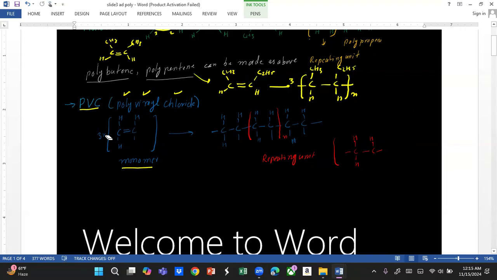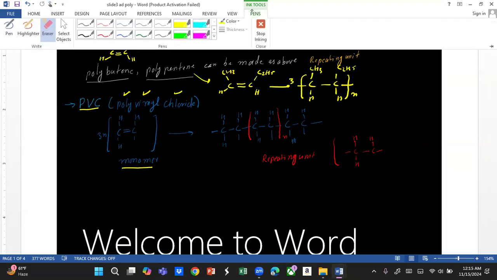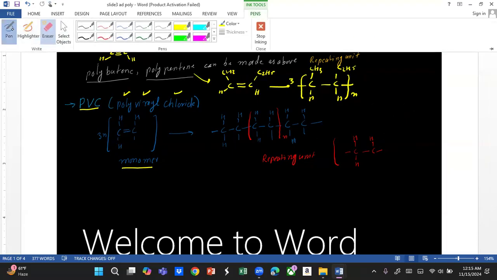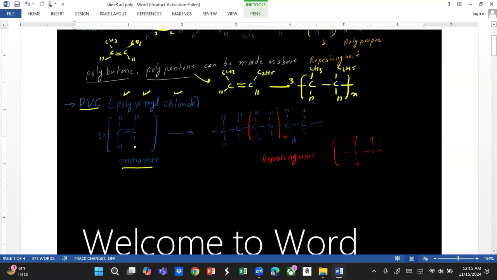Okay, so in this case of PVC, it is polyvinyl chloride. We will replace one hydrogen of ethene with Cl, and you see this Cl will be repeated in the polymer, like Cl here, Cl here, Cl here. Hope you understand. So this is our repeating unit.